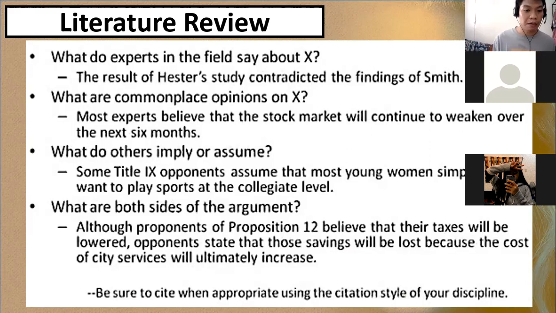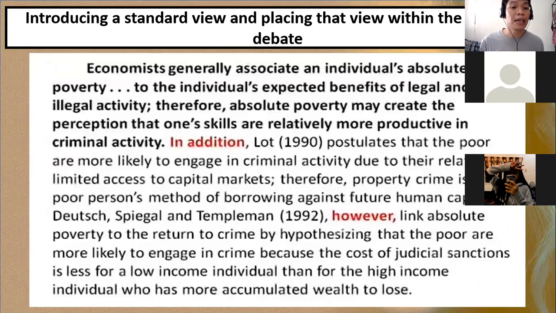Next is introducing a standard view and placing that view within the scholarly debate. For example, economists generally associate an individual's absolute poverty to the individual's expected benefits of legal and of illegal activity. Therefore, absolute poverty may create the perception that one's skills are relatively more productive in criminal activity.